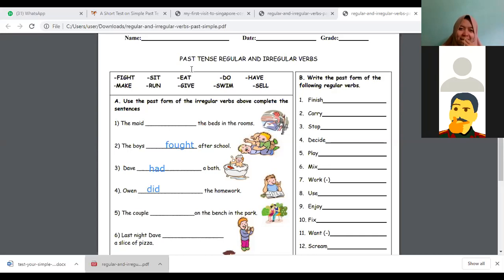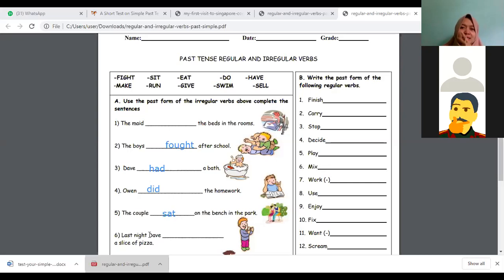Okay. Sit. The couple eat on the bench. Bener nggak kira-kira? Sit. The past formnya tetap ya. Sit, sat. The couple sat on the bench in the park.